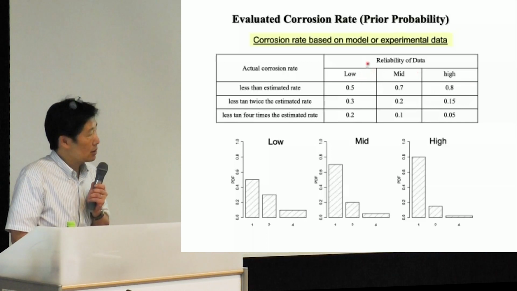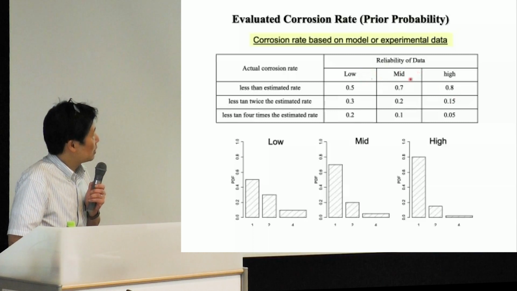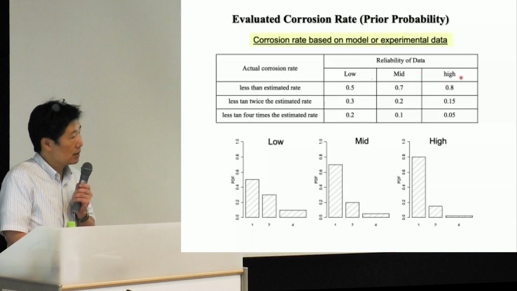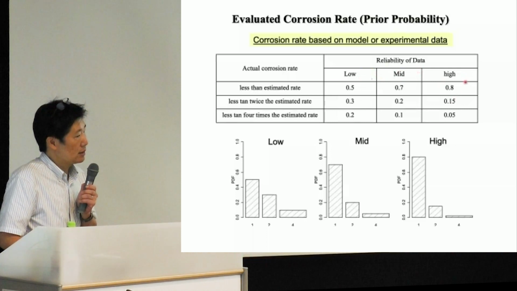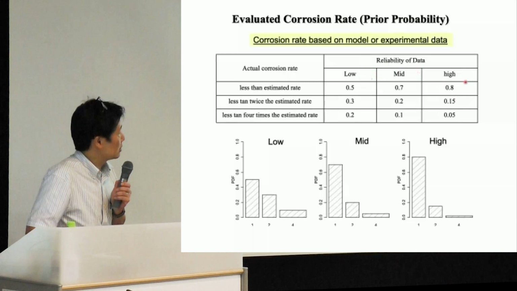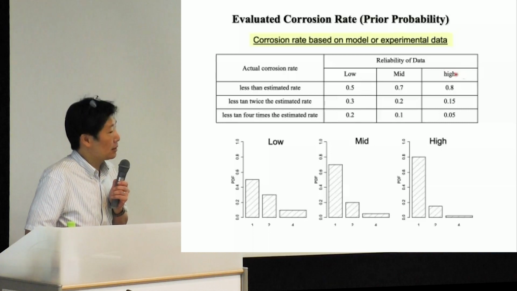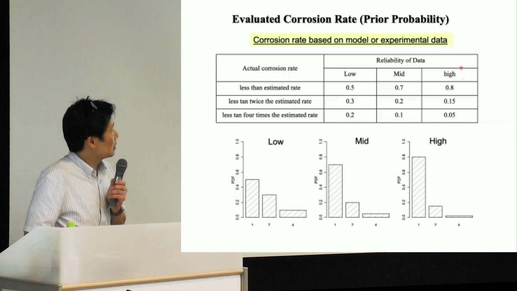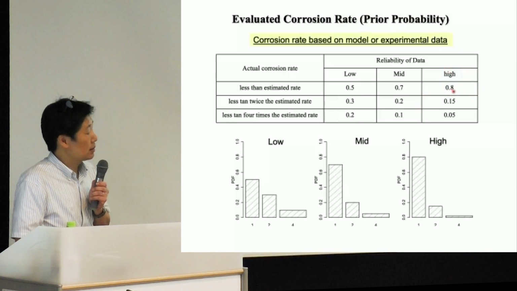So it has 3 categories: low reliability, middle reliability, and high reliability. If you have field data that is very similar to the situation you have, we can define this data as high. And in this case, the possibility of a correct answer is 0.8.